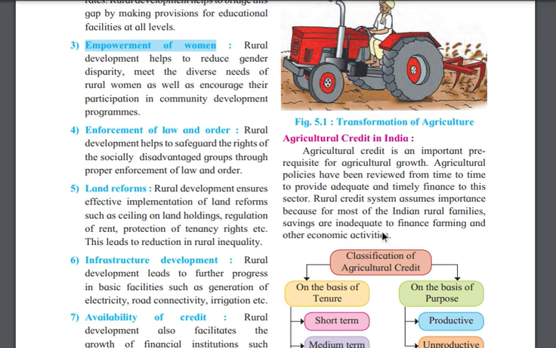Rural credit systems assume importance because for most Indian rural families, savings are inadequate to finance farming and other economic activities. So here they are saying that credit should be provided to the farmer. If credit is provided to the farmer, they will work.